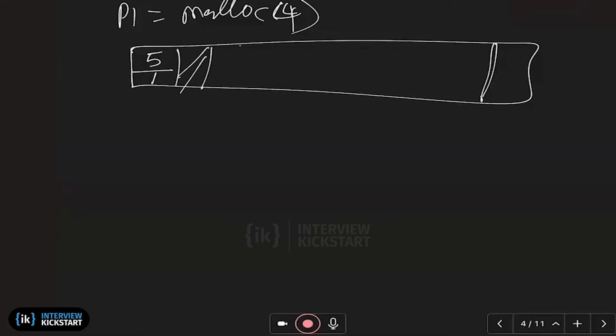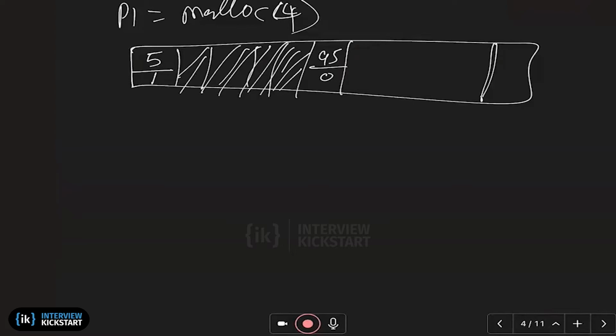So 4 bytes are allocated to the app and 1 for the bookkeeping. From 100, you're reduced by 5. So you will have 95 and 0 stored here. So you have 95 free.